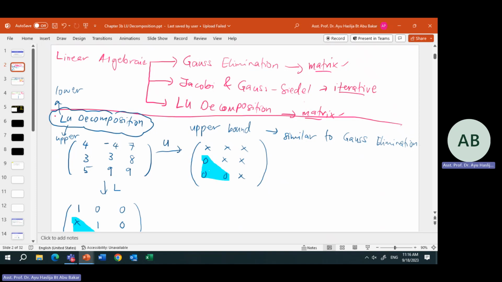Now for LU, LU stands for lower and upper decomposition. Decomposition here means from the given equation, you must decompose the matrix into lower and upper bound. For the upper bound, this part should be 0. This approach is similar to Gauss elimination. You need to zero the bottom triangle by finding the factors that can zero this part.